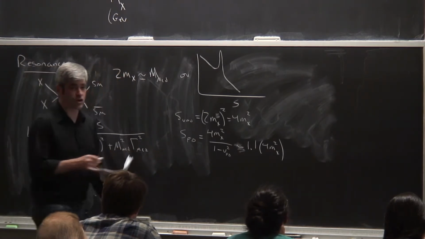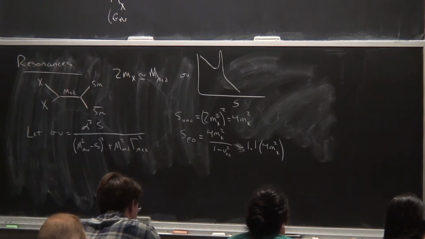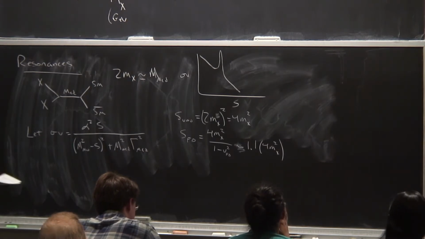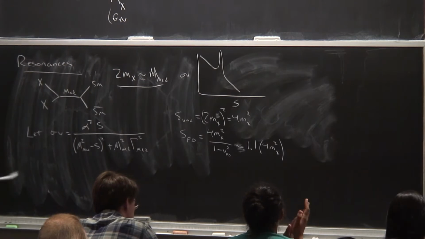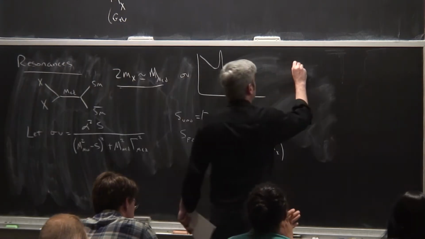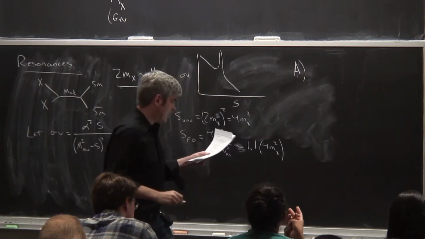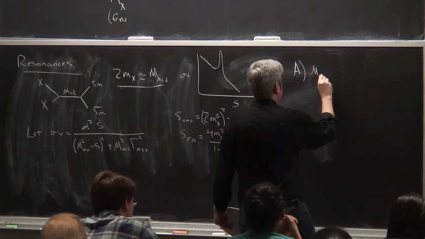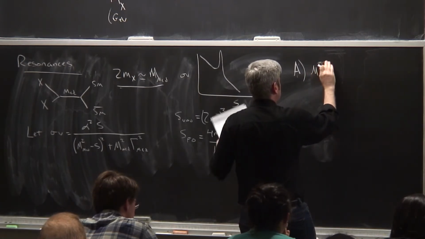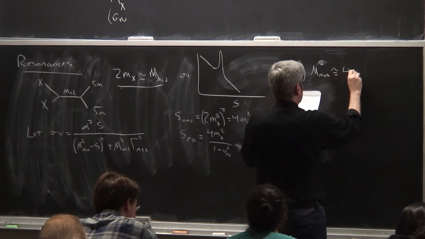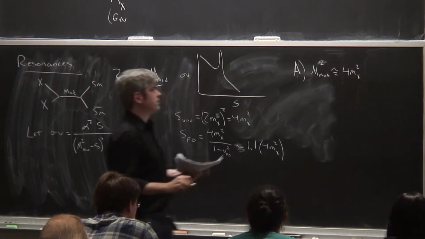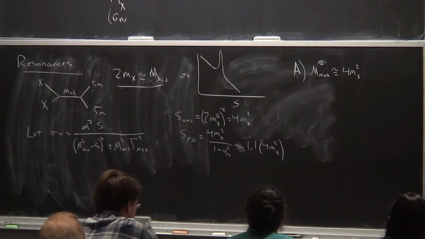So I can imagine now two very different scenarios depending on exactly what these masses are. In scenario A, I could say the mass of the mediator really is very close to twice the mass of the dark matter, squared.